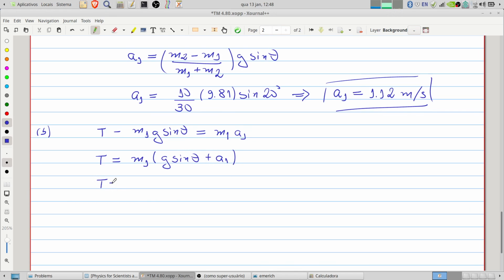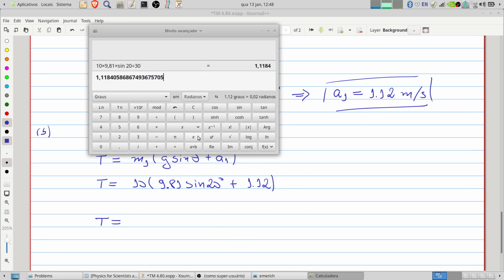So the tension will be 10 kilograms multiplied by 9.81 sine of 20 degrees plus 1.12. Therefore, the tension will be 1.12 plus 9.81 times sine of 20 degrees, times 10.